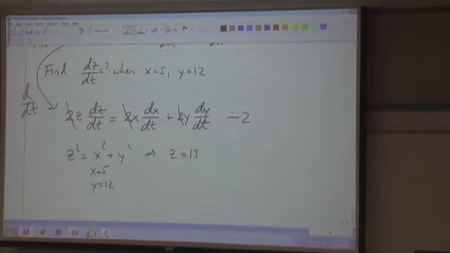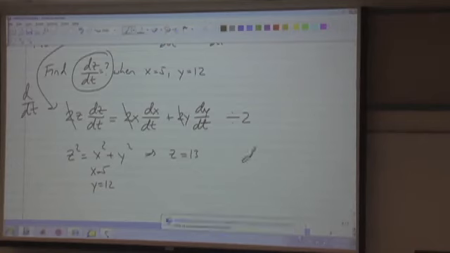They're Pythagorean numbers. Oh, 5, 12, and 13, yes. But all I've accomplished here is compute what z is. What is the problem actually asking? dz over dt.